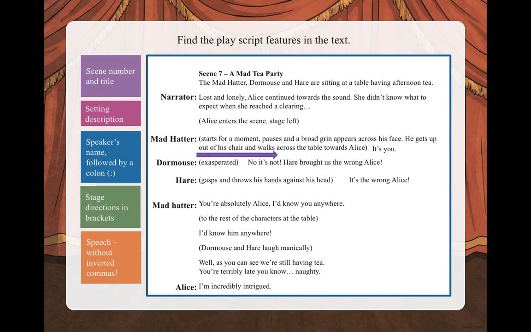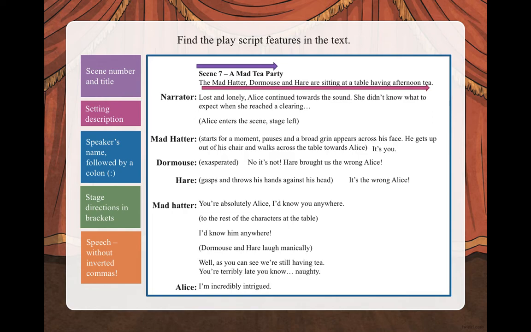So first of all, in purple is a scene number and title. The scene number here is scene 7, and the title is A Mad Tea Party. So I'm going to colour code this, same colours as the boxes on the left hand side. So that's the scene number and the title.